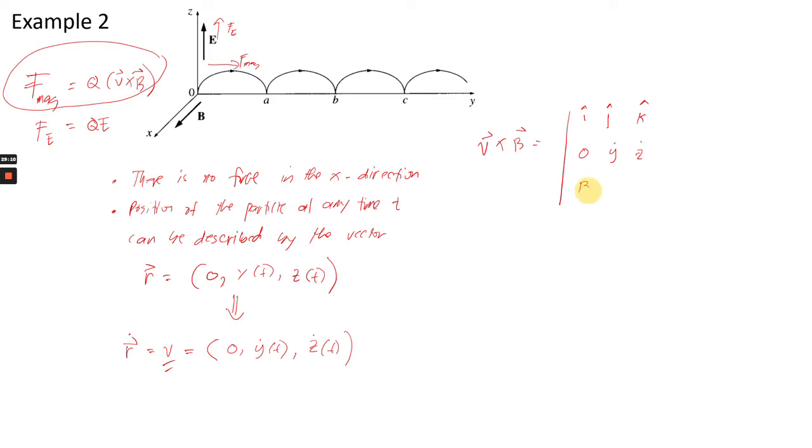So this would be B, 0, 0. Now, performing the cross product. So starting with i hat, right? We have this one multiplied minus this. It's actually 0 minus 0, minus the j hat component.